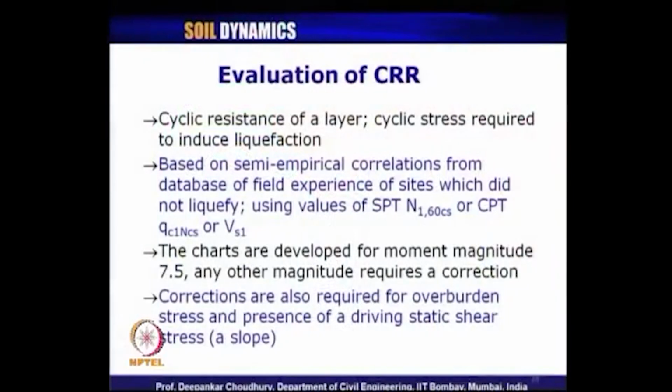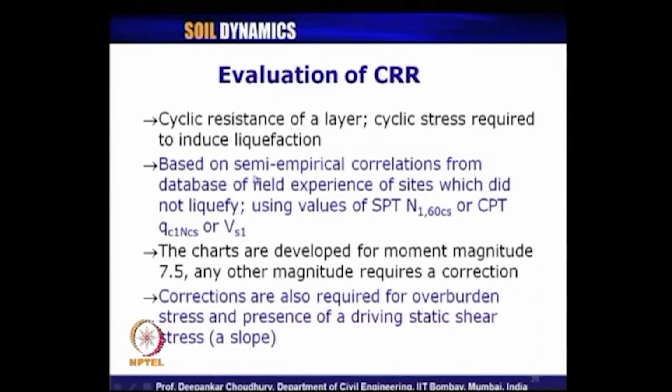So, CRR is nothing but the resistance provided by the soil, that is cyclic stress required to induce liquefaction. So, if you go through the Seed and Idriss original paper, do not get confused with the same terminology CSR. The numerator CSR means its capacity, denominator CSR means actually how much is getting developed.